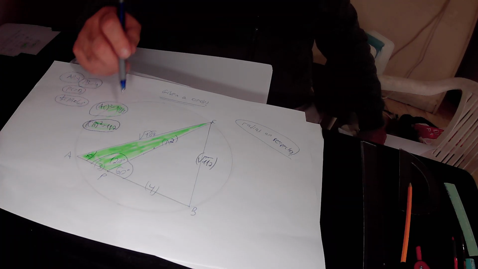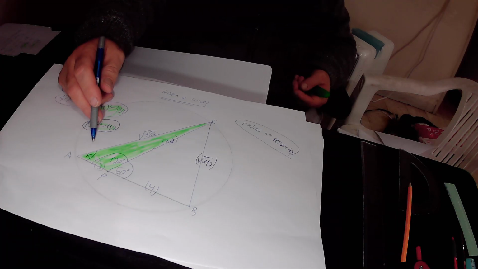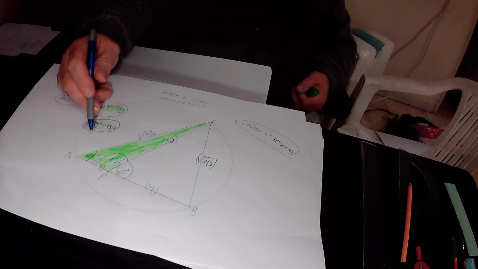So angle theta is angle alpha in our triangle ABC.